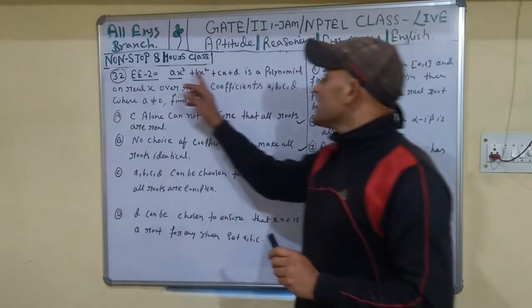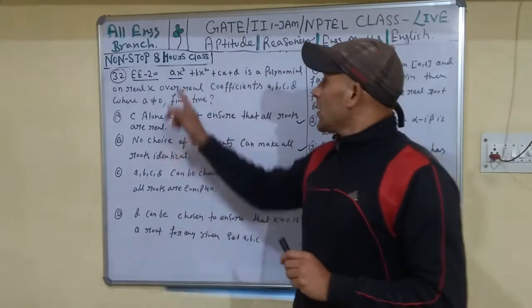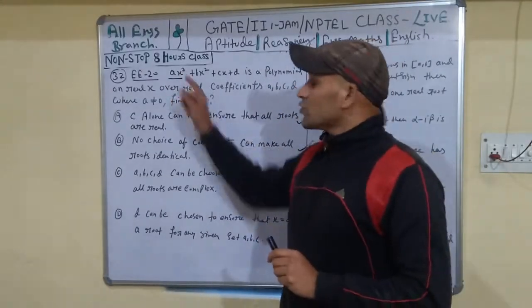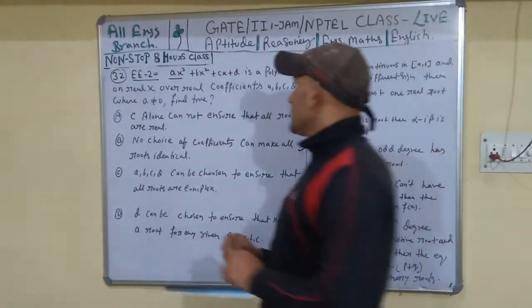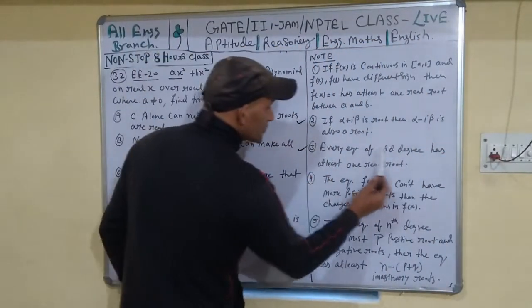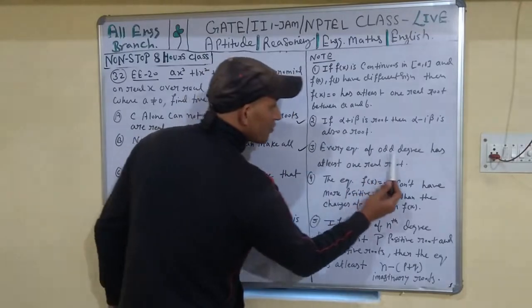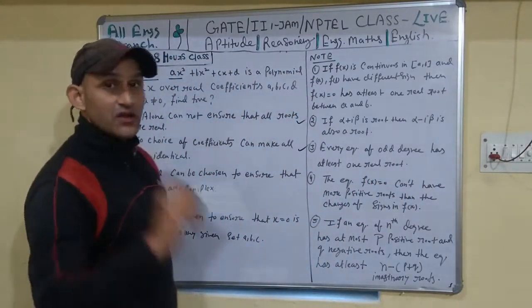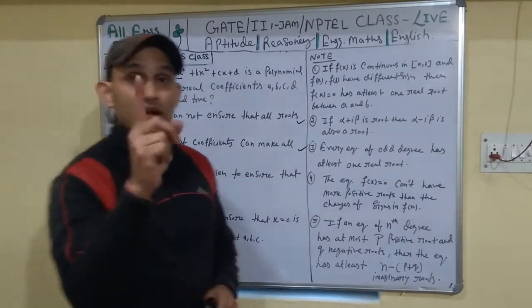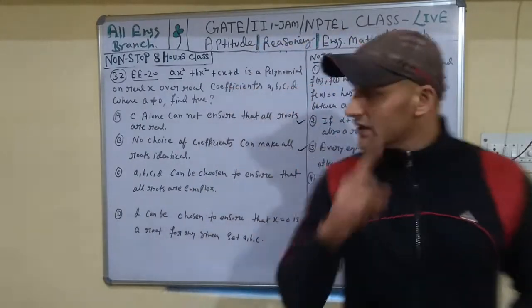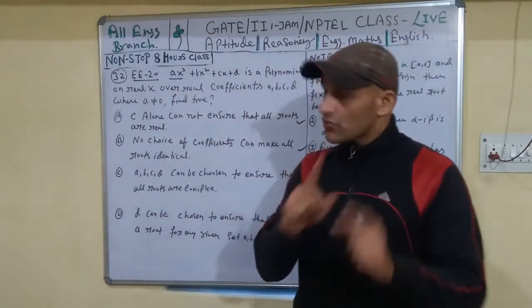It means that it has odd degree, odd meaning 3. So there are a total of 3 roots. According to our notes, every equation of odd degree has at least one real root. It means that it has at least one real root.